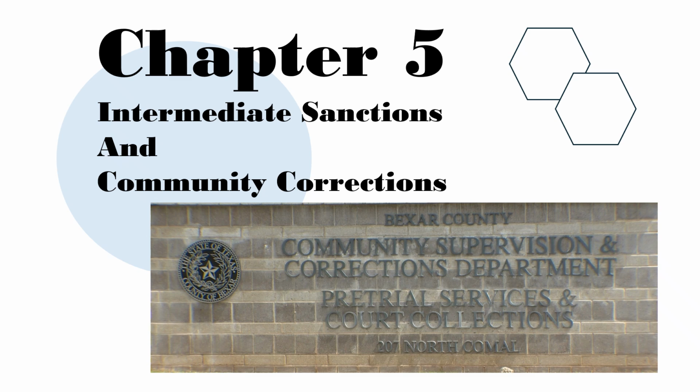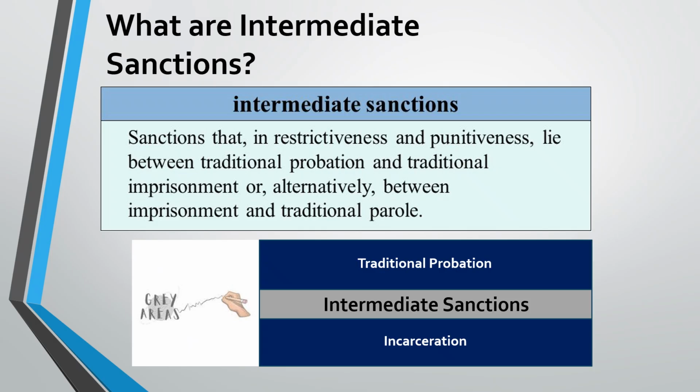Okay, let's go to Chapter 5, Intermediate Sanctions and Community Corrections. What are intermediate sanctions? Well, intermediate sanctions is another way of saying a better alternative to going to prison.